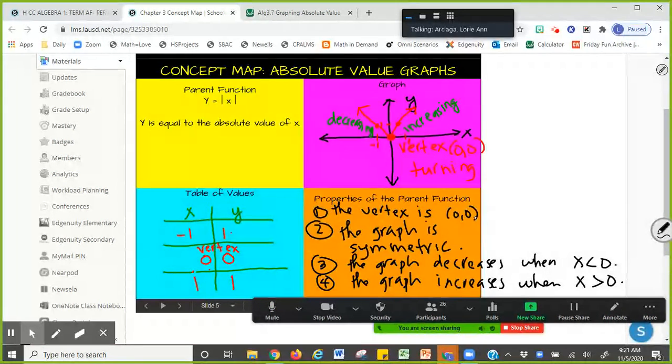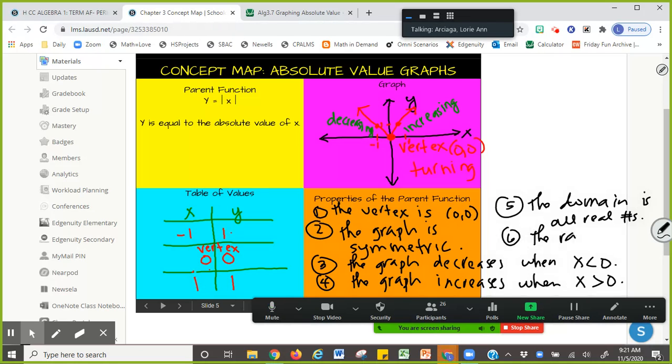Okay? Number 5, the domain is all real numbers. So when I ask you what's the domain of any absolute value function, it's going to be all real numbers all the time. And then number 6, last one, what's the range?